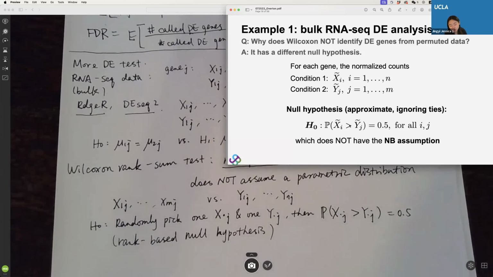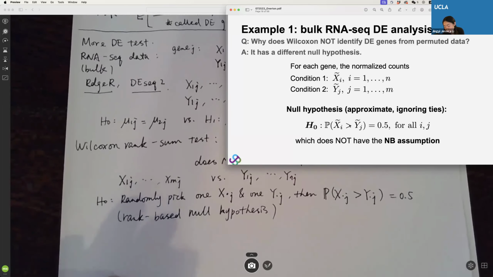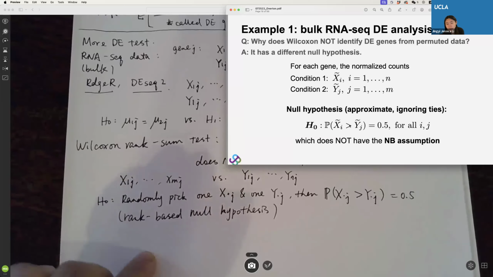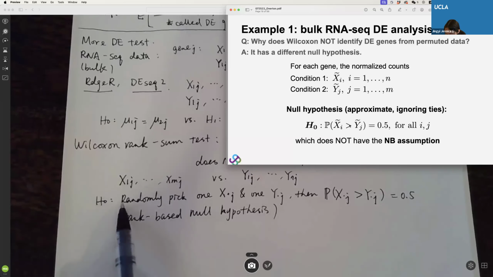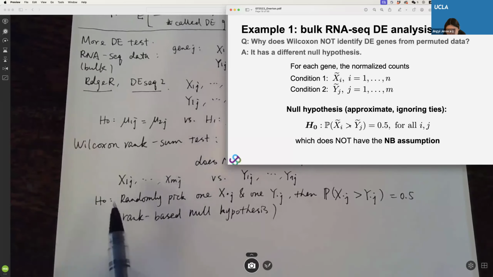So it's a different null hypothesis, but this null hypothesis has less reliance on the mean equality. And I have to say that if we are under the t-test setting, that is, we believe that the two sets of numbers each follow one normal distribution with the same variance and just potentially different means, then this Wilcoxon null would be equivalent to that equal mean null.